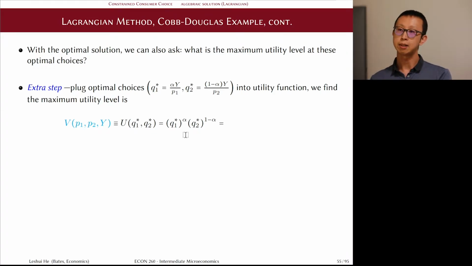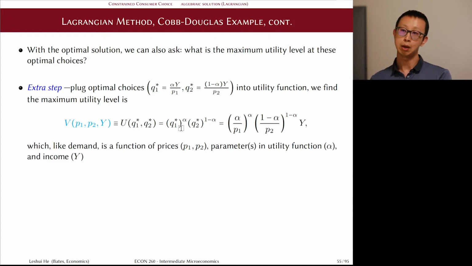If we plug Q1 star and Q2 star into the positions of Q1 and Q2 in the Cobb-Douglas utility function, we're going to raise Q1 star to the power of alpha and raise Q2 star to the power of 1 minus alpha.